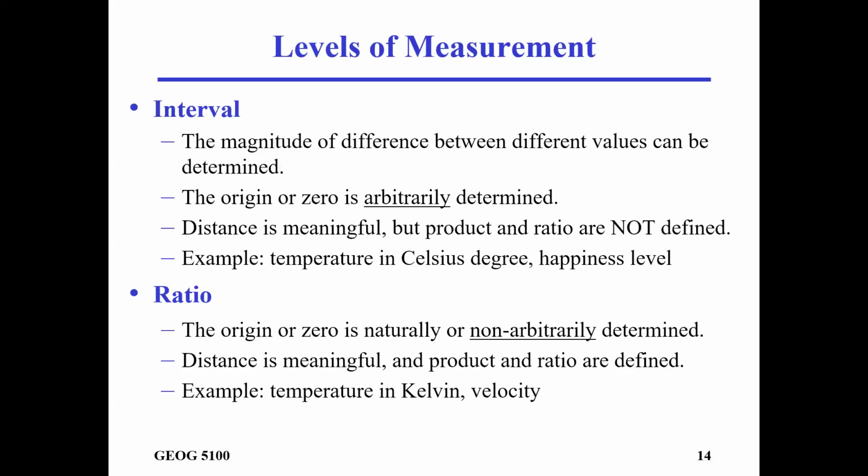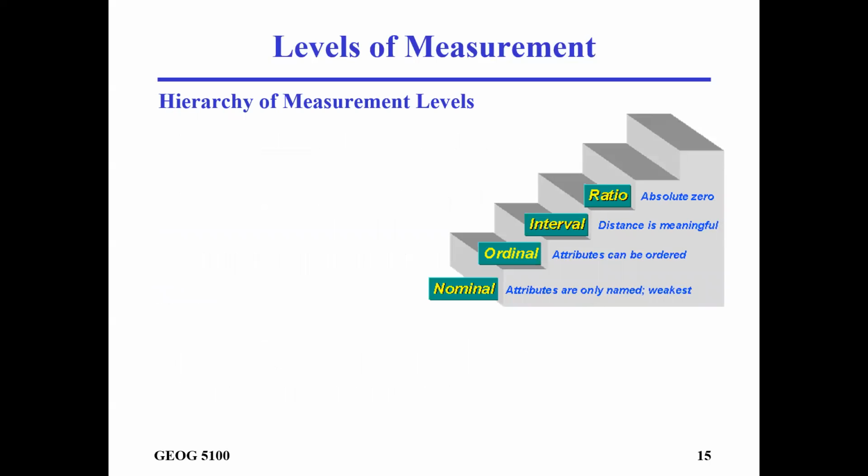Okay, and here is an example, like I mentioned before, temperature in Kelvin is ratio data, is ratio measurement. So here I organized this stair system, right? Hierarchy system, or say that. So the highest step is ratio data, 0 is meaningful, or we say we have a meaningful absolute 0. For interval data, distance is meaningful, ratio is nonsense.